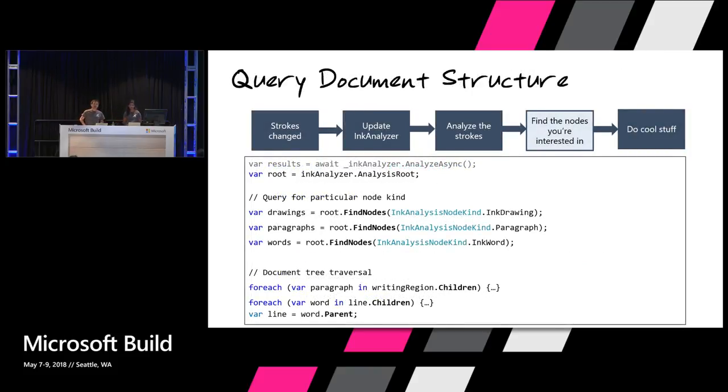There are two ways to extract information from the document tree. One is through the Find Nodes API, so if you have a particular node type you want to search for, you can use this API. Or you just traverse the document tree with child and parent.